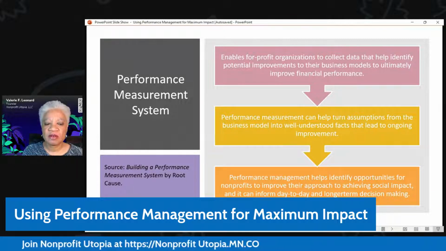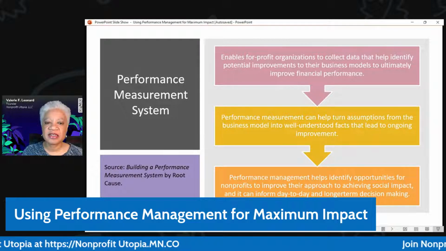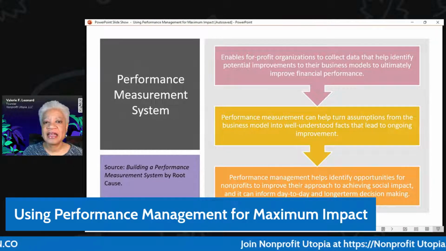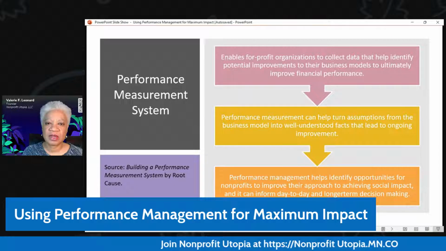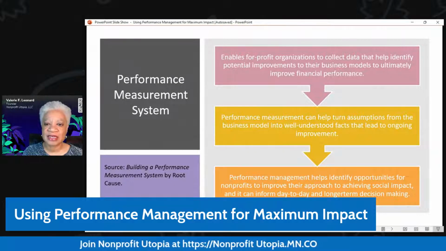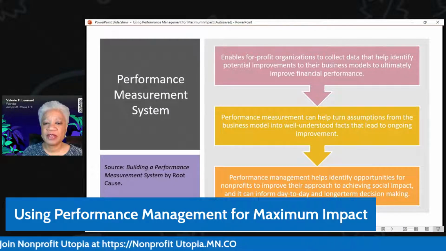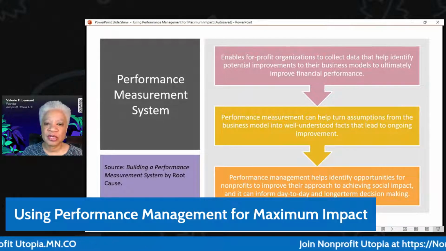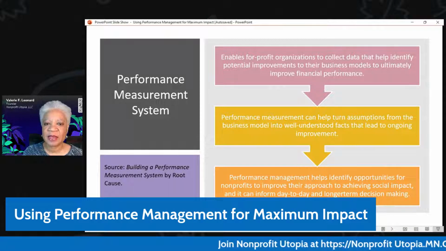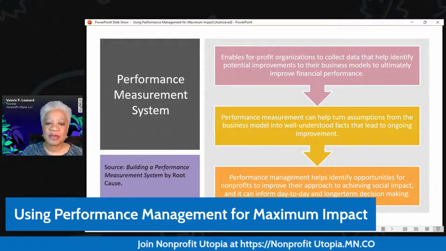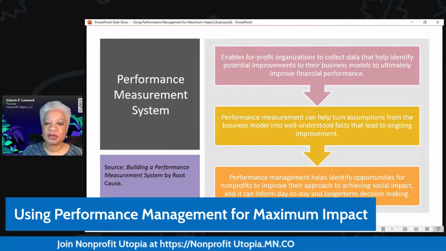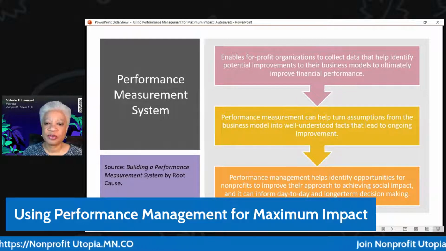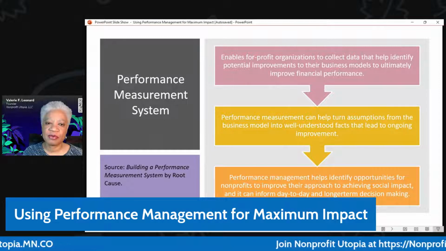The system enables a for-profit organization to collect data that they need to help improve their processes, improve their business models, and ultimately make sure that there's an impact on the bottom line. Performance measurement can be used to help turn assumptions from the business model into well understood facts that lead to ongoing improvement.